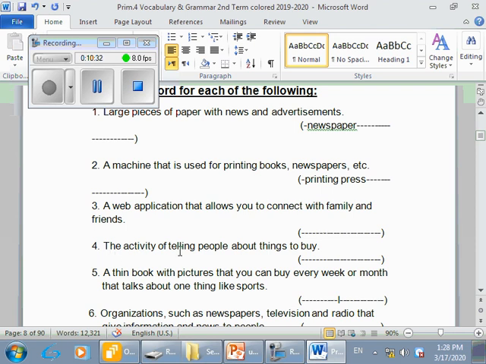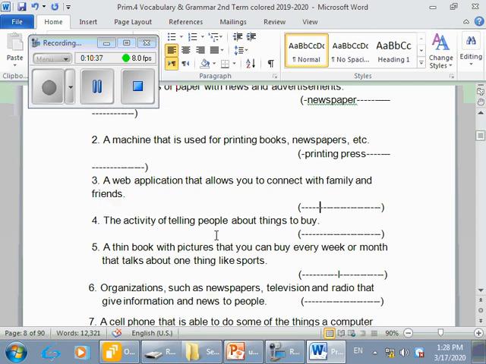Number 4, the activity of telling people about things to buy. Advertising. Number 5, a thin book with pictures that you can buy every week or month that talks about one thing like sports. Magazine. Number 6, organizations such as newspapers, television, and radio that give information and news to people.